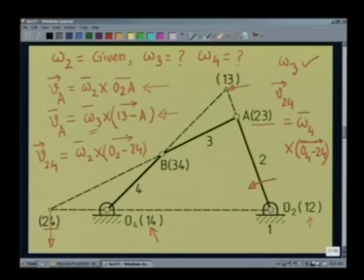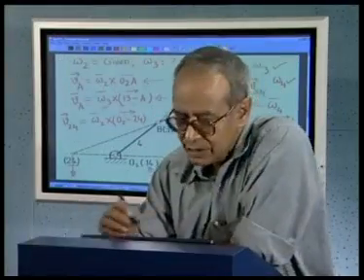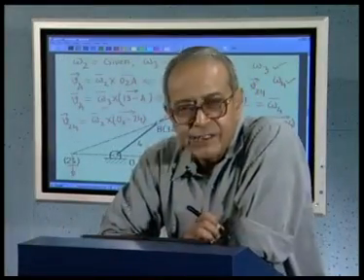Now V24 is already known, only unknown is omega 4, so I can determine omega 4. So this is what we mean by velocity analysis of a linkage.